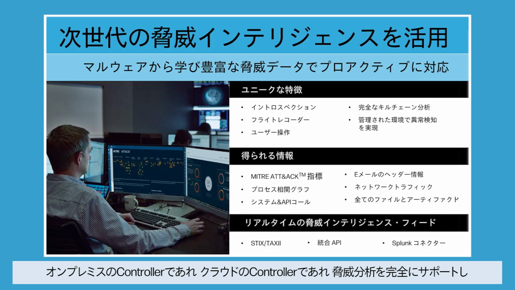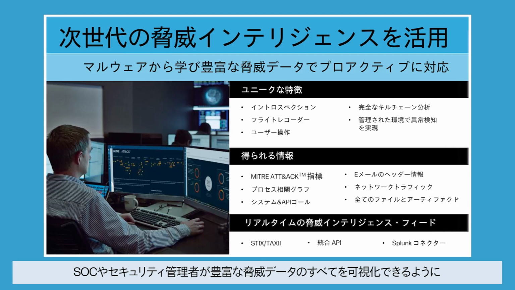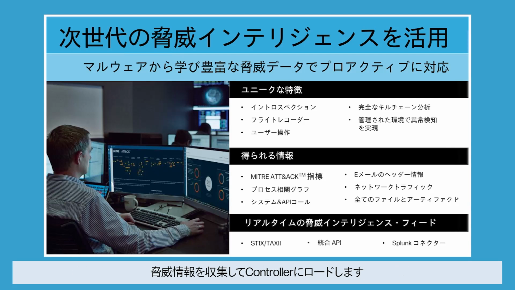And that threat intelligence that we collect and load onto the controller, whether it's the on-prem controller or the cloud controller, both fully support the threat analytics. We're able to give the SOC or security administrators visibility into all of that rich threat data.